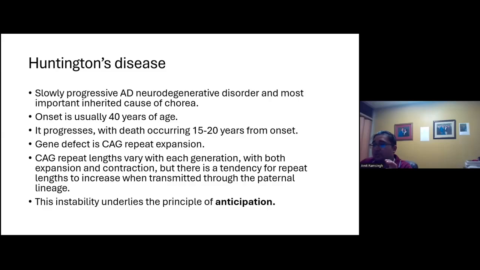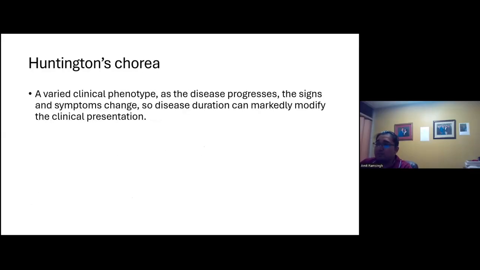These triplets could vary with each generation, and this actually underlies the principles of anticipation, meaning that with each subsequent generation, right, because of the way of the inheritance of the disease, the onset of disease actually becomes earlier, and patients actually, the phenotype is more severe.